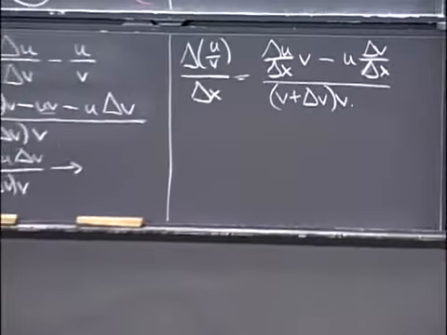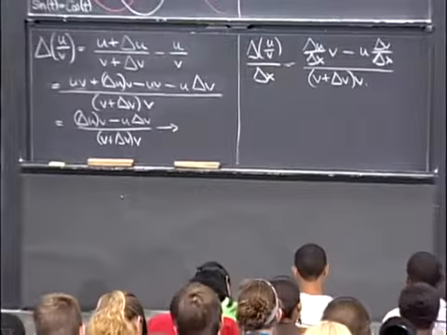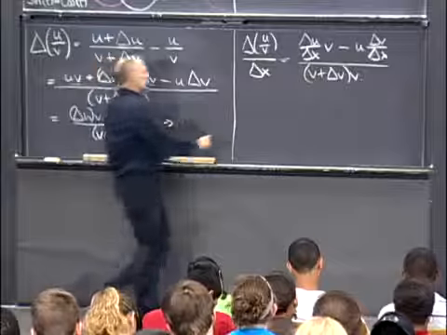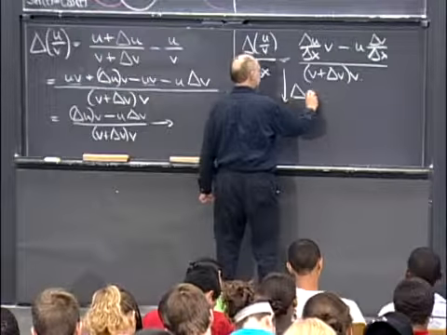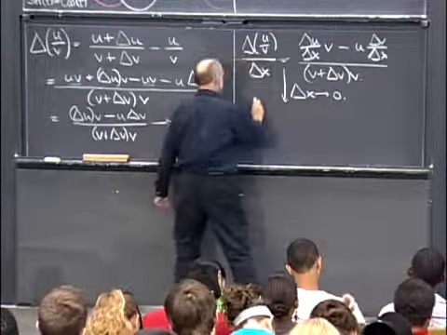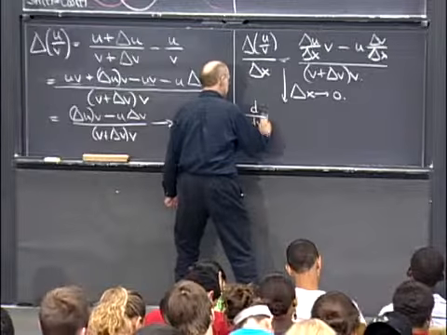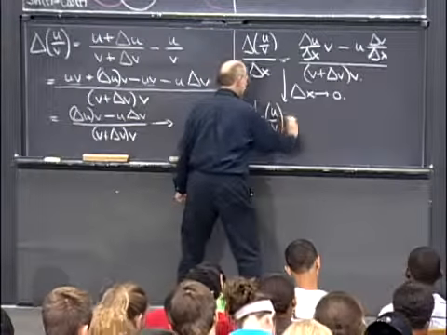Put the delta x up in the numerator there. Next up, take the limit as delta x goes to 0. I get, by definition, the derivative of U over V.